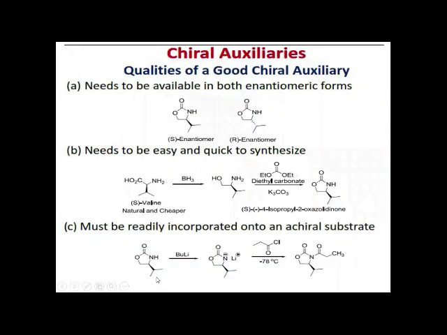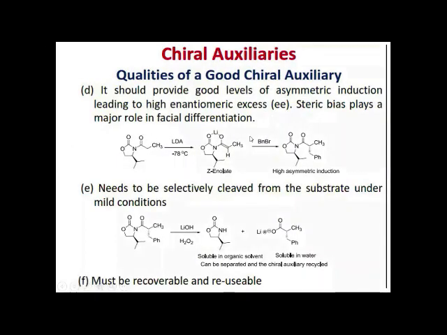Now what are the qualities of a good chiral auxiliary? It needs to be available in both enantiomeric forms, either S as well as R form, needs to be easy and quick to synthesize, and must be readily incorporated onto an achiral substrate. It must be readily attached to an achiral substrate. Then it should provide a good level of asymmetric induction leading to high enantiomeric excess. So whenever we use a chiral auxiliary, the modified substrate we get should have a high enantiomeric excess.